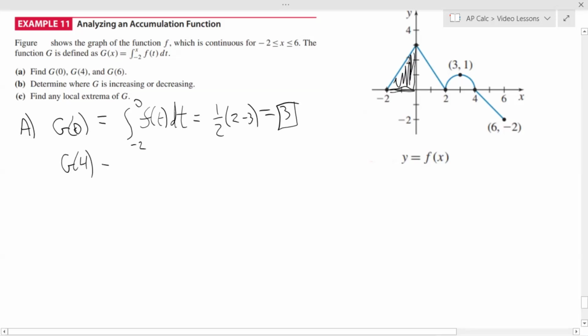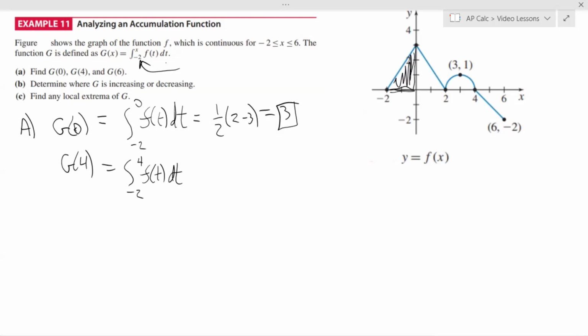g of 4 is going to be the definite integral from -2 to 4 of f of t dt. Now, the reason we're starting at -2 is because the lower limit of the integral that defines g starts at -2. So if we go from -2 all the way up to 4, notice it's one big triangle, which is double the area of the first triangle we just found, and the top half of a semicircle of radius 1.